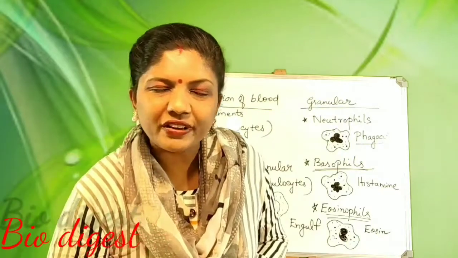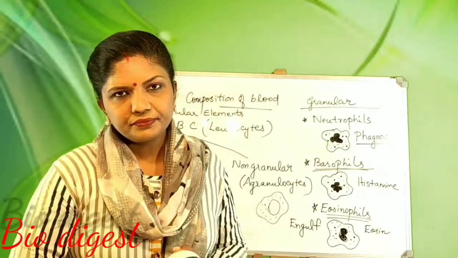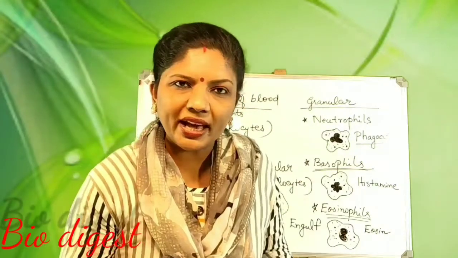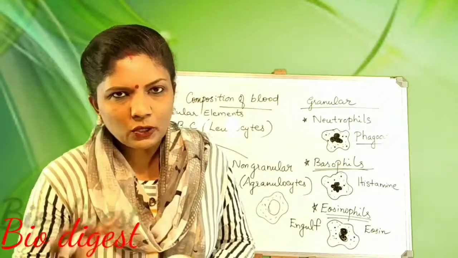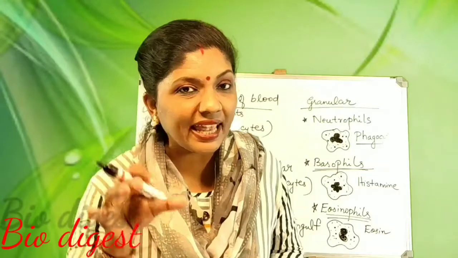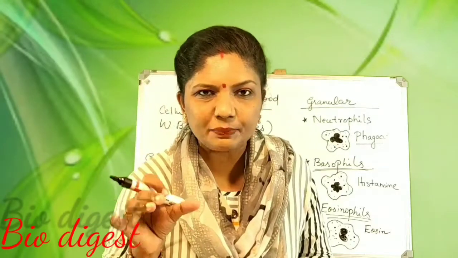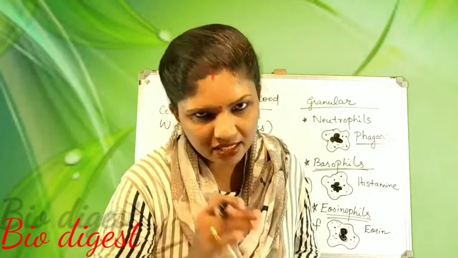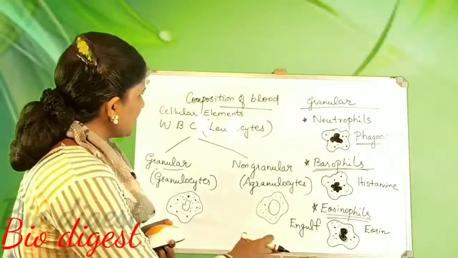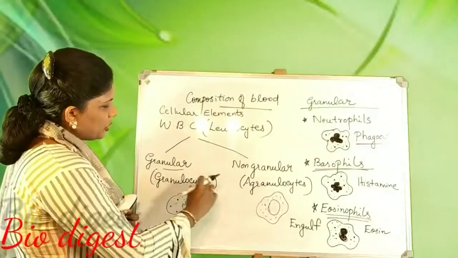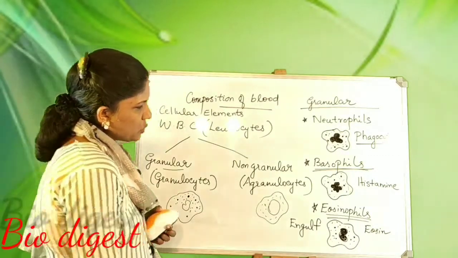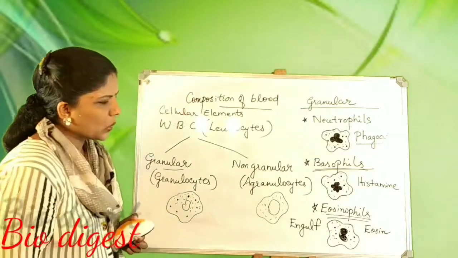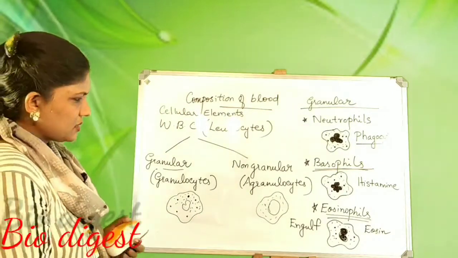What is the function of an eosinophil? Again, it also carries out phagocytosis. Phagocytosis, that means engulfing disease-causing particles, especially bacteria. That is about granular WBCs or granulocytes. Now coming to the non-granular WBCs or agranulocytes.